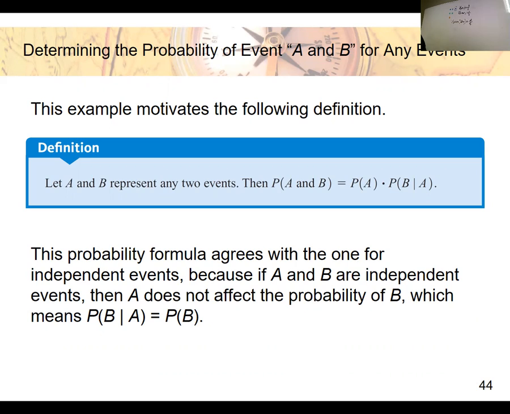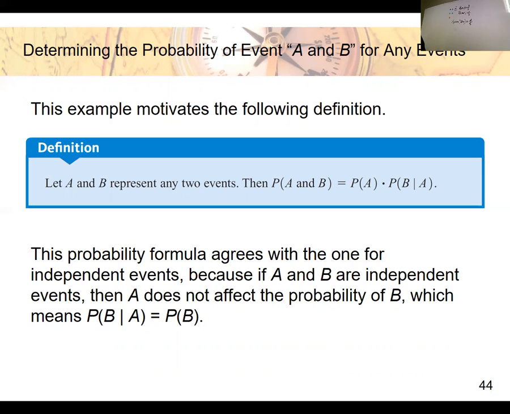And this agrees with the one for independent events, because if A and B are independent events, then A does not affect the probability of B, which means that the probability of B given A will automatically be the probability of event B.